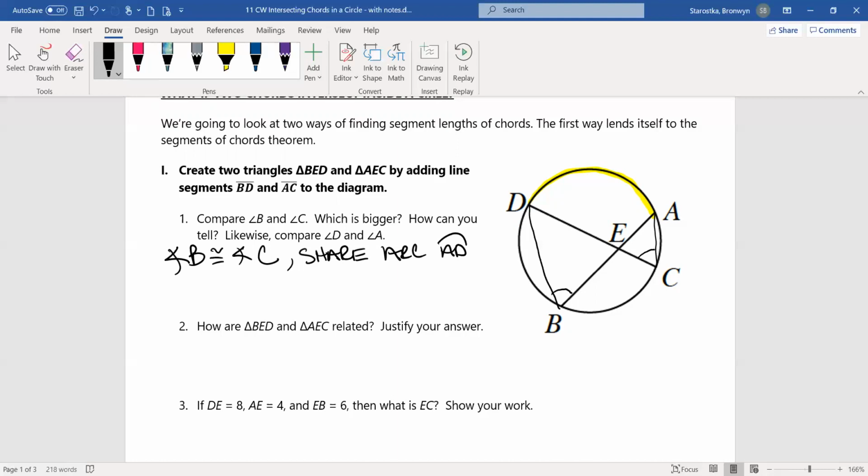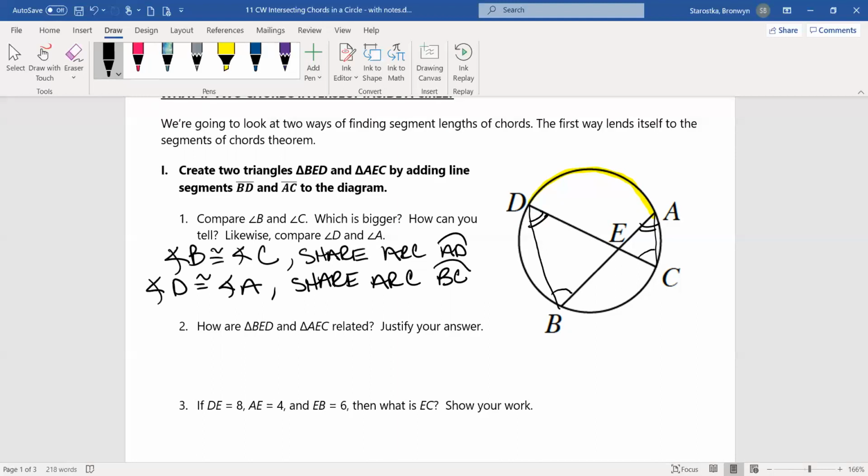And if we can share that arc, can angles A and D share arc BC? Yes, they can. Angle D is congruent to angle A because they share arc BC.